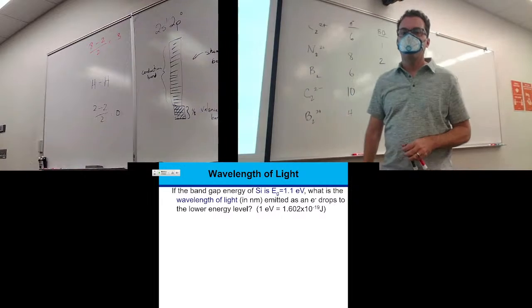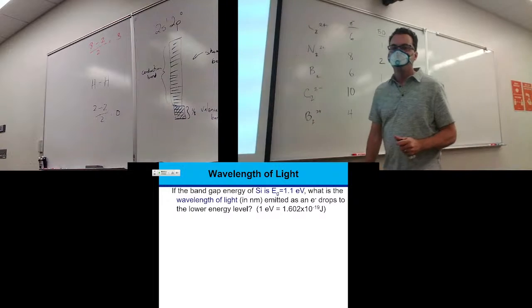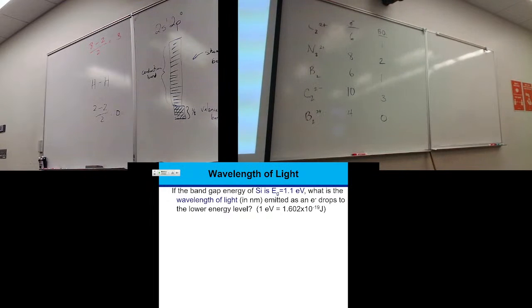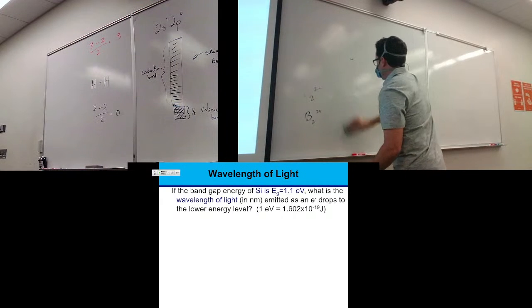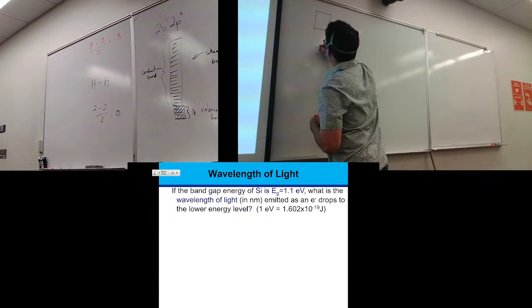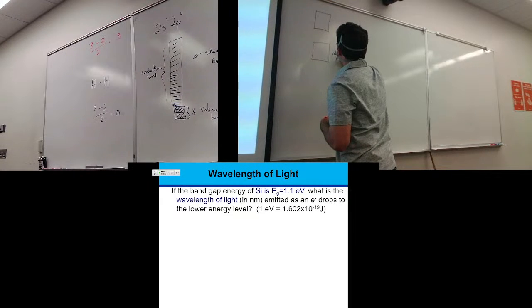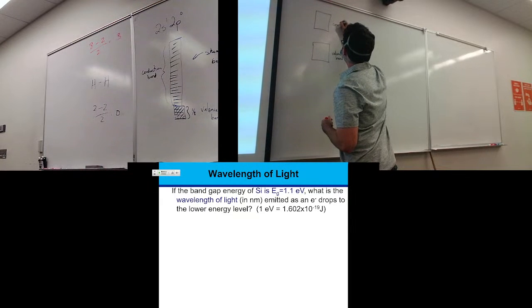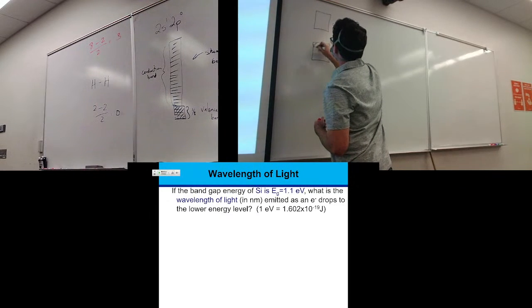So let's try this. If silicon has a band gap energy of 1.1 electron volts, what wavelength of light is emitted when an electron drops from the conduction band back to the valence band? So just a visual of this, I've got my valence band, and I've got my conduction band, and the valence band is full of electrons.